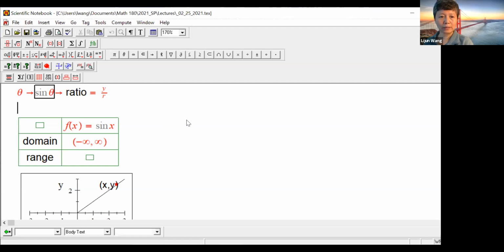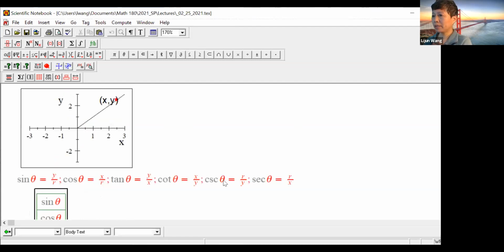Did you guys see Cortland's posting there? You're right, Jack. Yes, that's in the definition. Because this is y, and that is x.